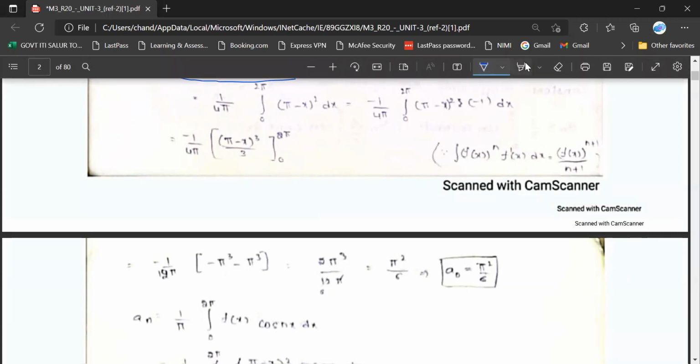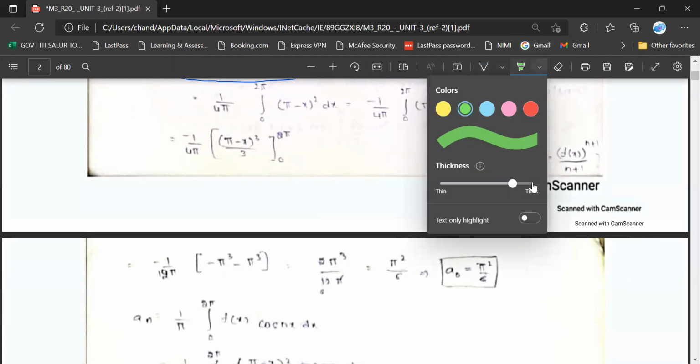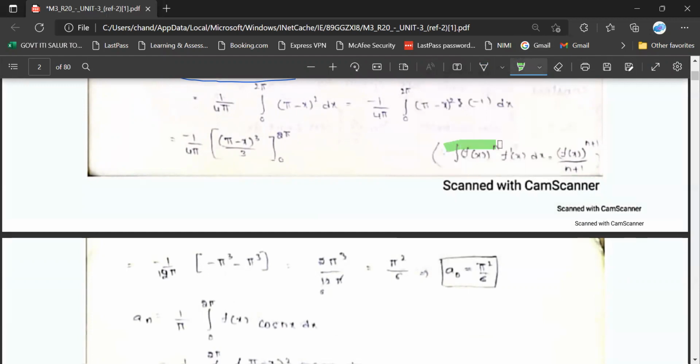So for the integration part, we use this formula: integration of f of x to the power n into f dash of x dx is equal to f of x to the power n plus 1, divided by n plus 1.